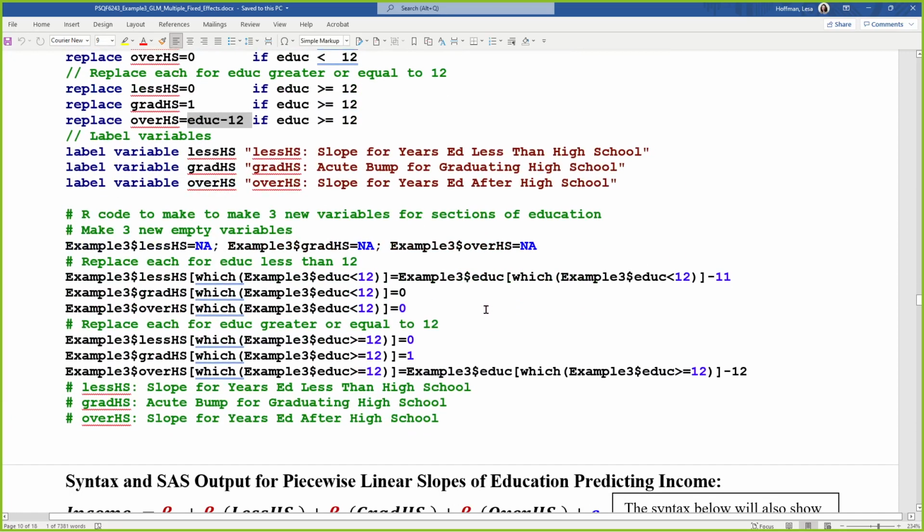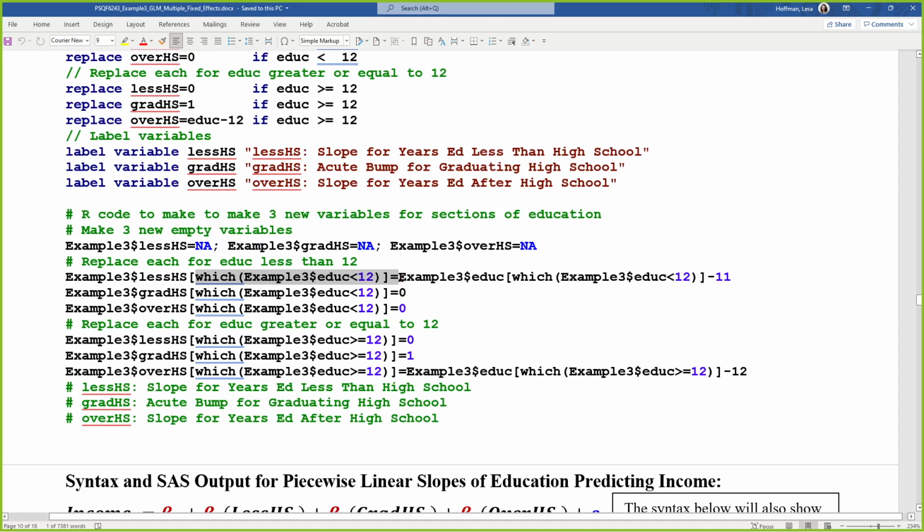And in R, it's the same idea with some extra pieces. So example 3 is the name of the data set. The new variables to be created is after the dollar signs. So the conditionality in R happens inside this bracket. So the which statement means, hey, if this is true.